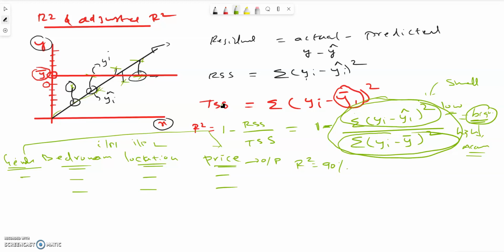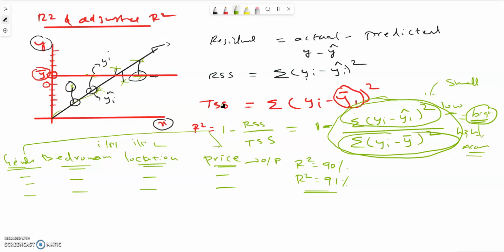But even so, when you use this model, your r square will increase to 91%, which it is not supposed to do. But in general, it is going to happen when you are increasing the features, right? So this is a problem with r square.